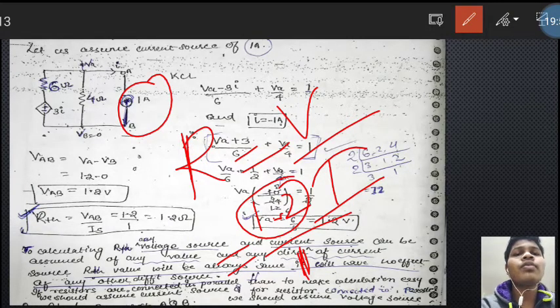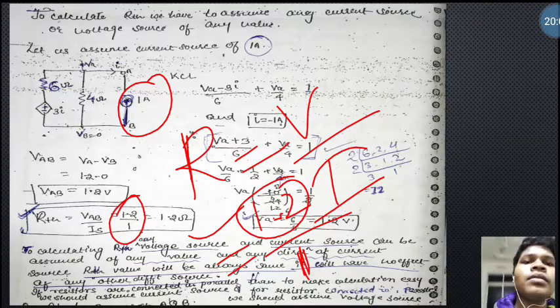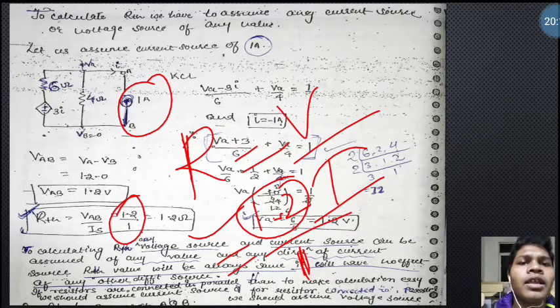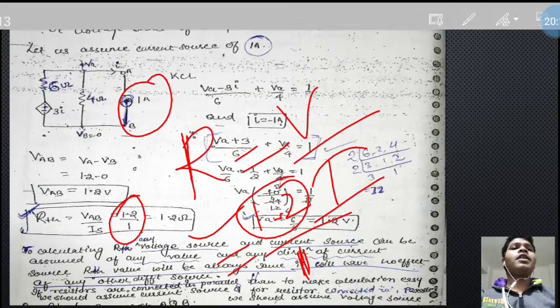So the resistance is 1.2 divided by 1, that is 1.2 ohm. So the Thevenin's resistance is 1.2 ohm, but Thevenin's voltage cannot be calculated here because the dependent voltage source is there.